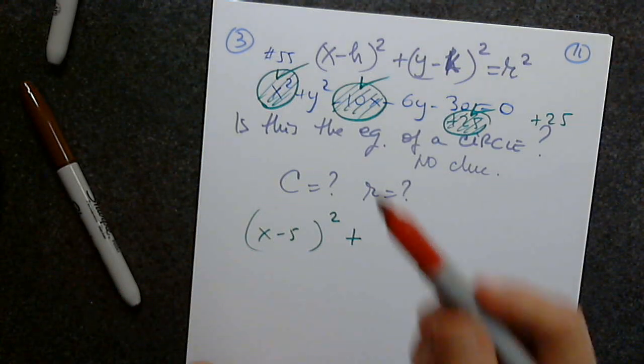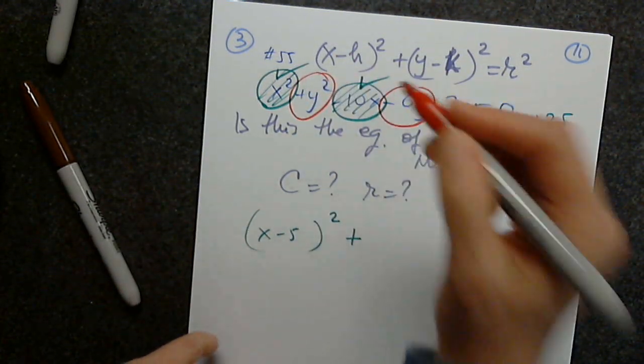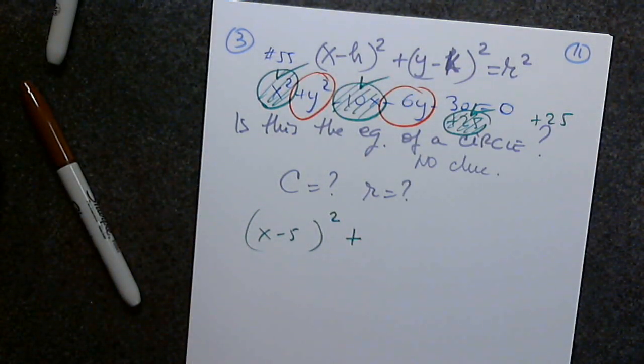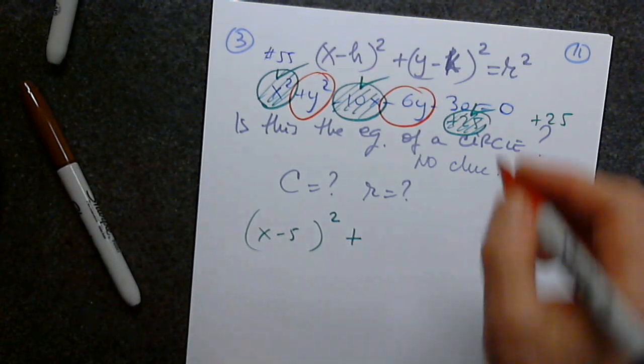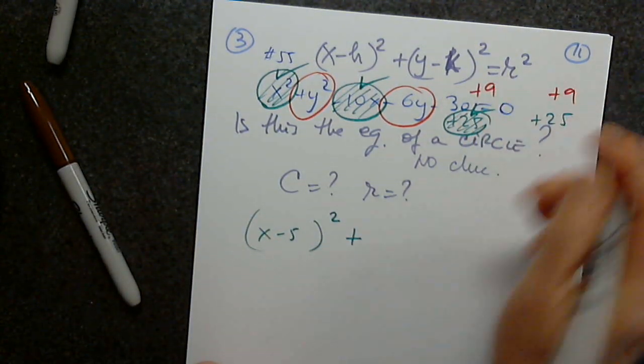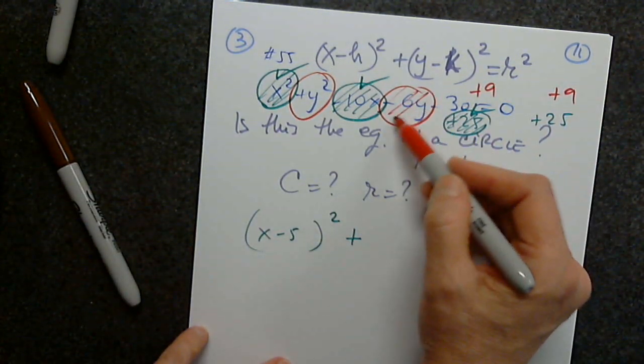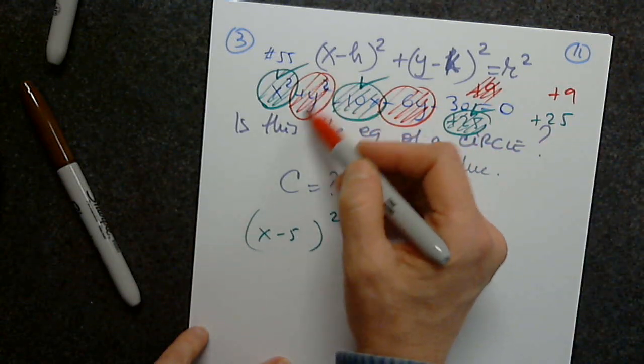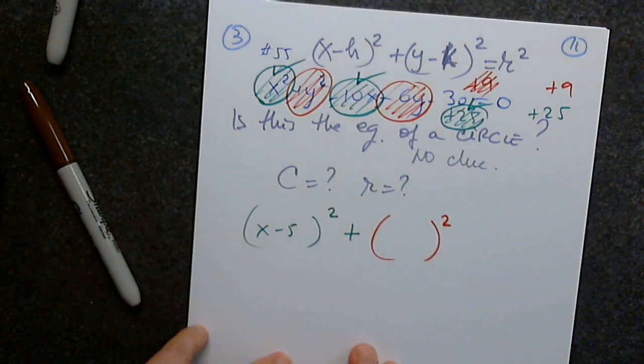now for this and this, what should I add to both sides? Middle coefficient negative 6, half is negative 3, squared is 9. Very good. Plus 9, plus 9. So now this and this and this are here.